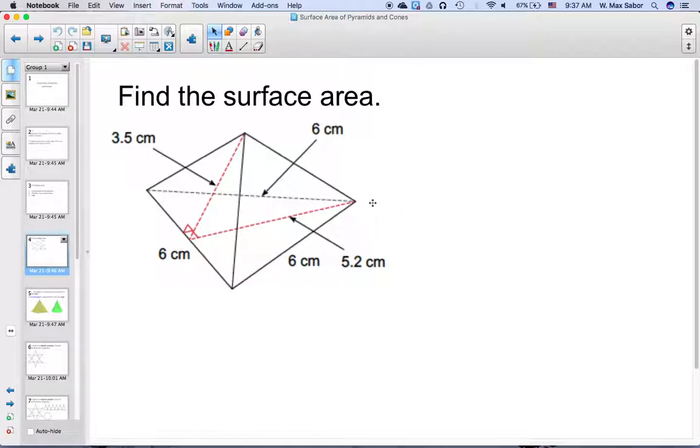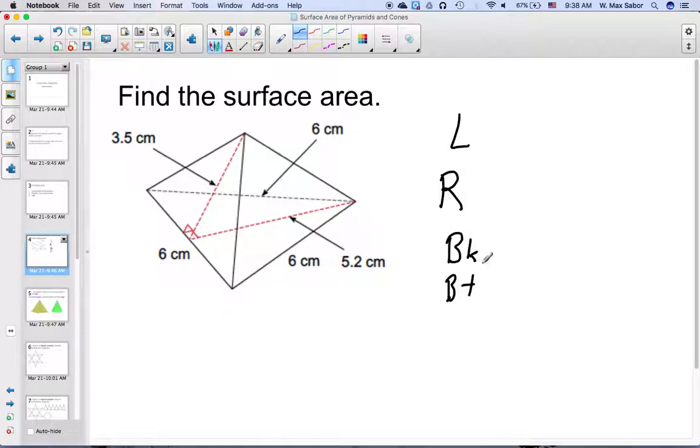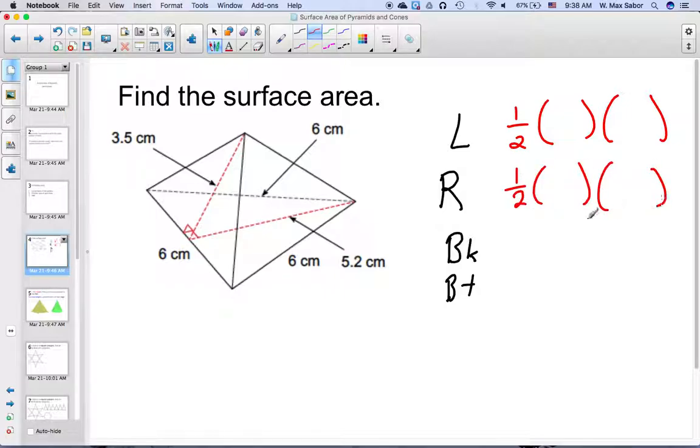So here we have the left, the right, the back, and the bottom. They're all triangles, so it's all 1/2 times the base times the height.